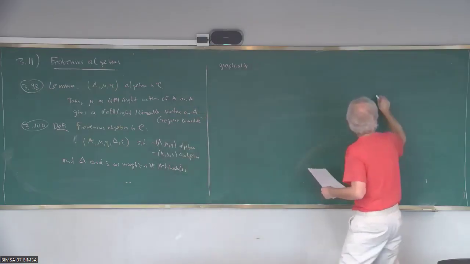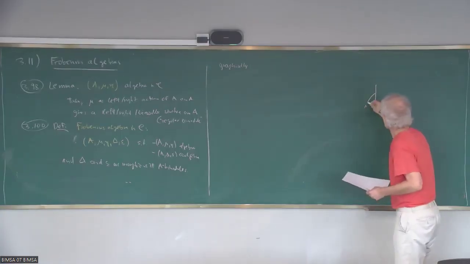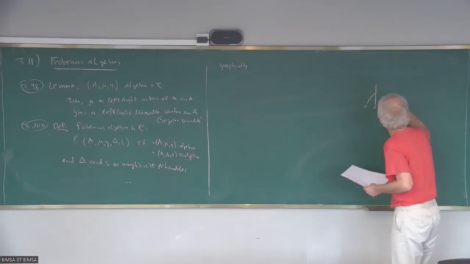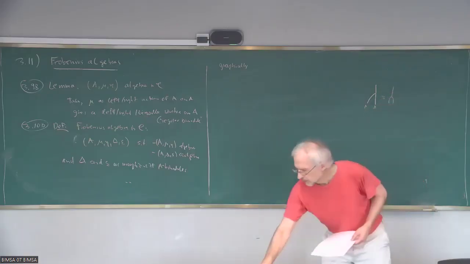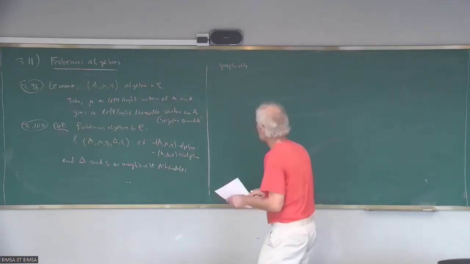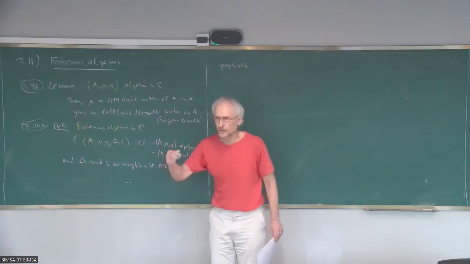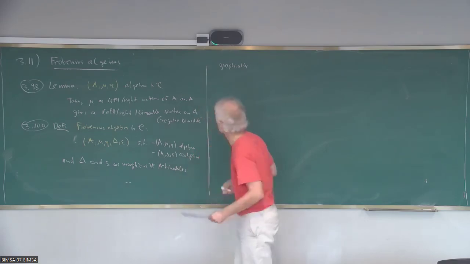So the left action of A on itself is defined just to be the product. Therefore, when I say that this is a morphism of A bimodules, it really means a morphism of left modules and of right modules.